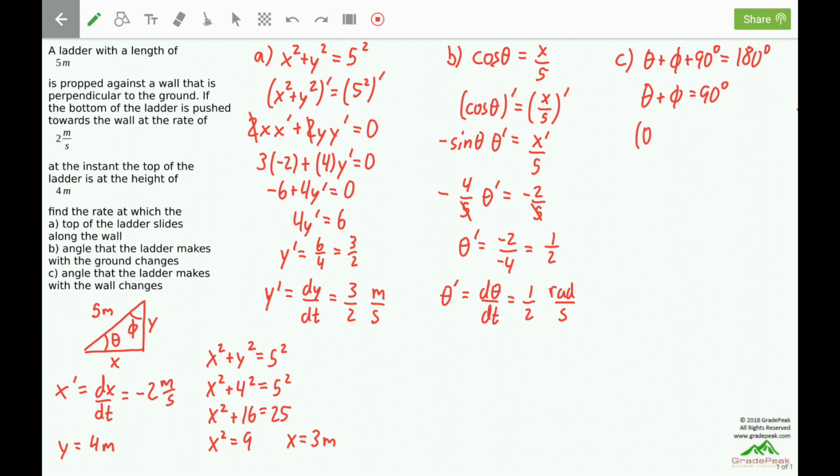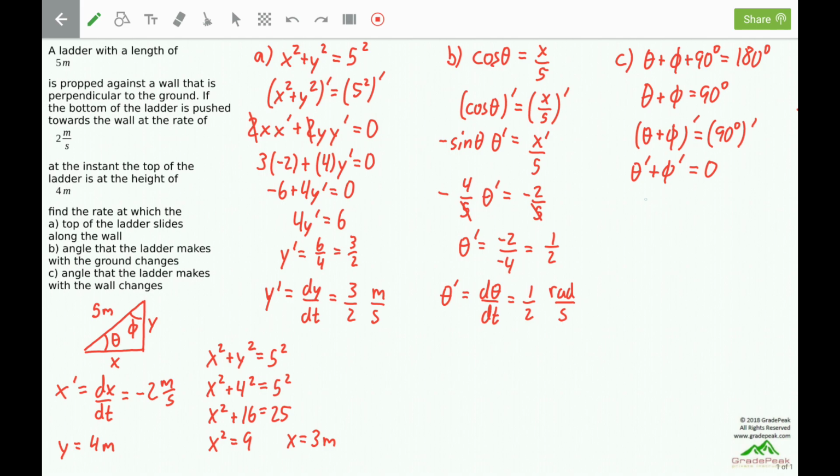We can now take the derivative of both sides, indicated by a prime on both sides. On the left side, the derivative of theta is 1 theta prime. The derivative of phi is 1 phi prime. Again, every variable is implicit with time, and we'll get a prime on it. Equals, the derivative of a constant 90 degrees is 0.